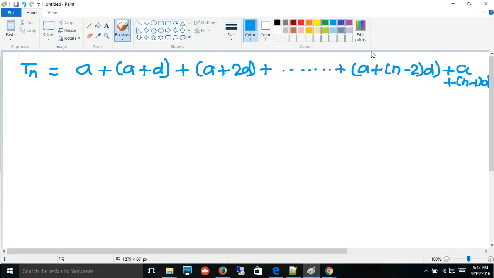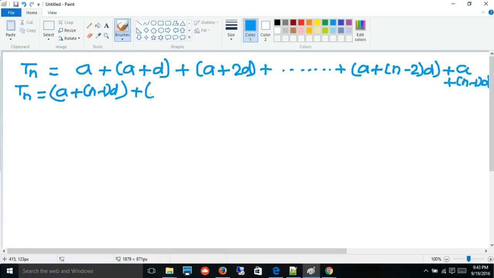So this is our generic form of arithmetic progression. I'm going to write this generic form again, but in reverse. Here the last term, a plus n minus 1 into d, will come as the first term, because I am writing this generic form of AP in reverse order.